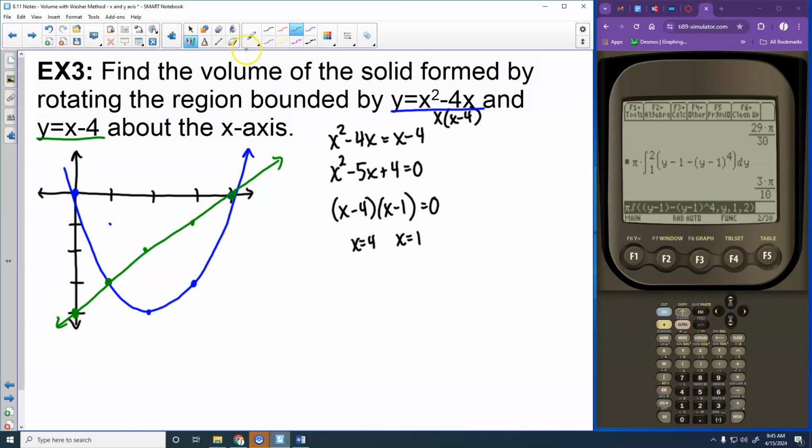So we're looking at this area here, which is a little funny because it is below the x-axis. If we're thinking about rotating this, I've been saying top minus bottom, which has been true a lot of times because we've been in the first quadrant, or at least above the x-axis.